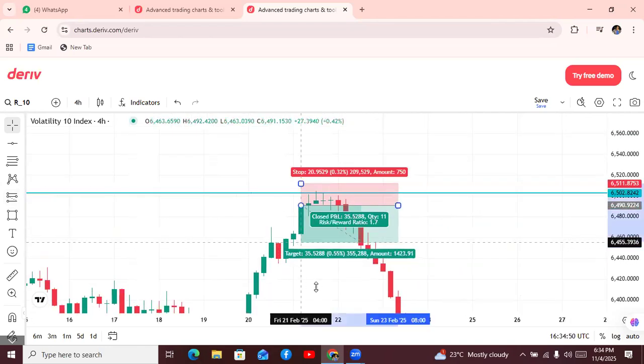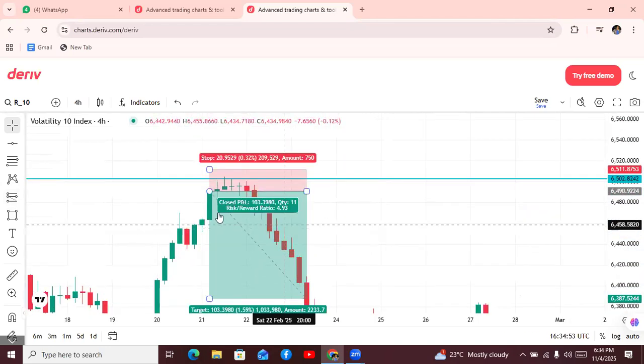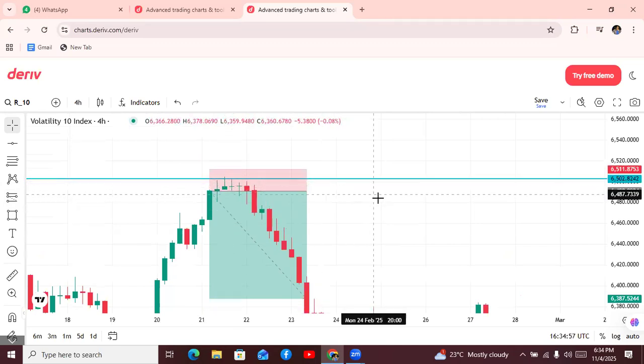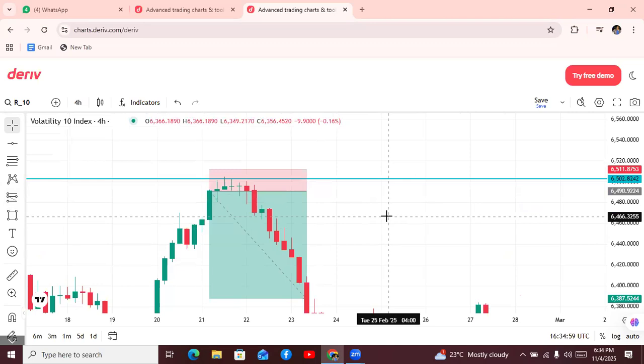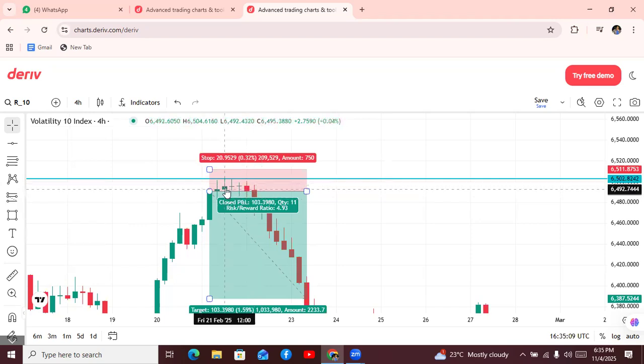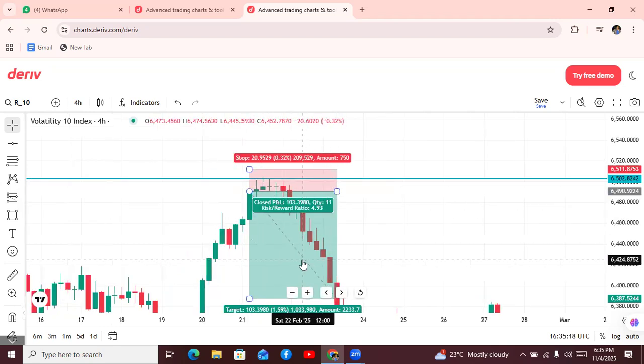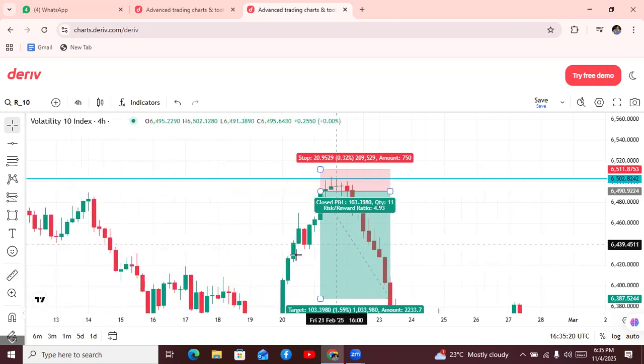So if you are not patient enough, you will end up closing the trade, because this may even take the whole day. You are just waiting to check if you are making money out of the trade, until you get frustrated. Just when you get frustrated towards the end of the day and you close that trade, that is now the time the market starts to move.